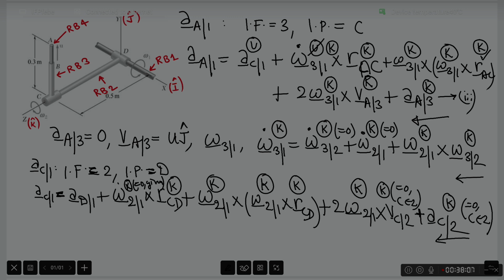And then finally we come to AD1, and you realize that D is a fixed point in 1 also, and that's why this is also known. It is equal to 0 because D is a point fixed in 1.